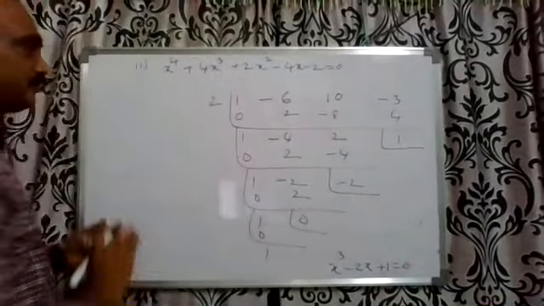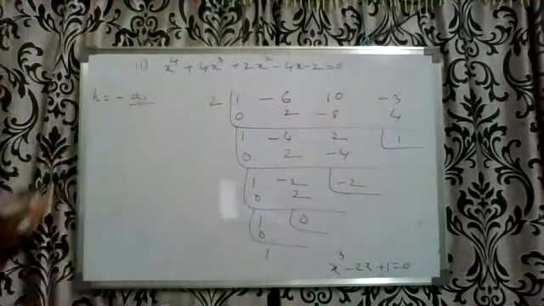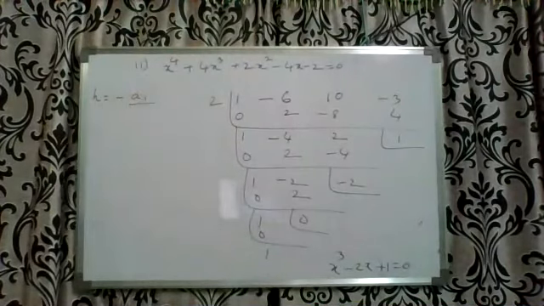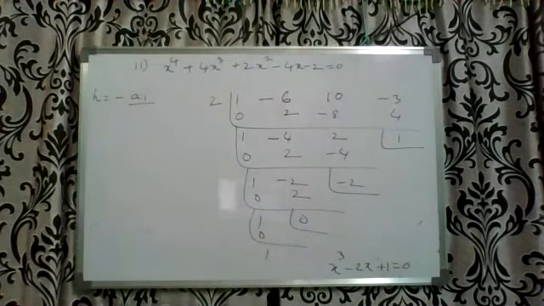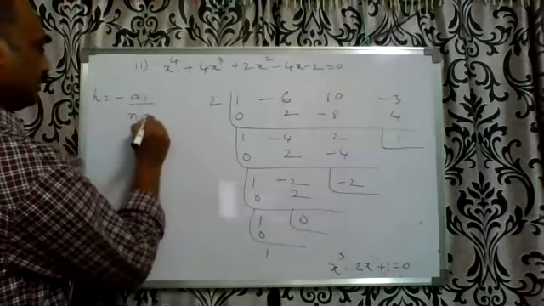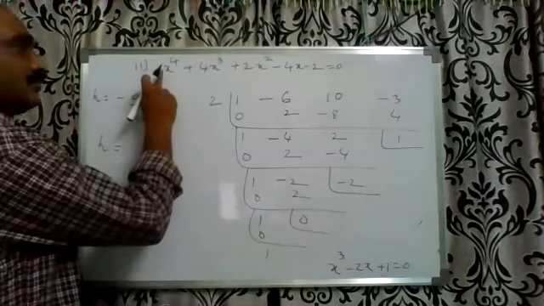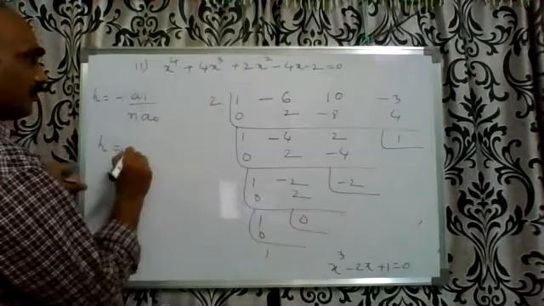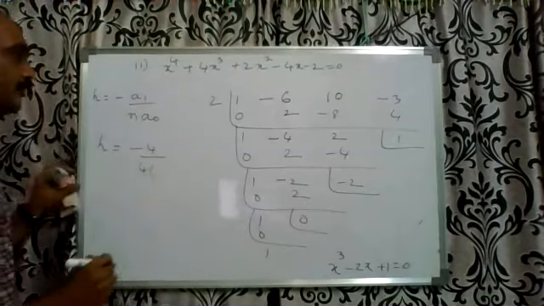Eliminate the second term. h is equal to minus A1 by N into A0. A0 is equal to 1, A1 is equal to 4, N is equal to 4.